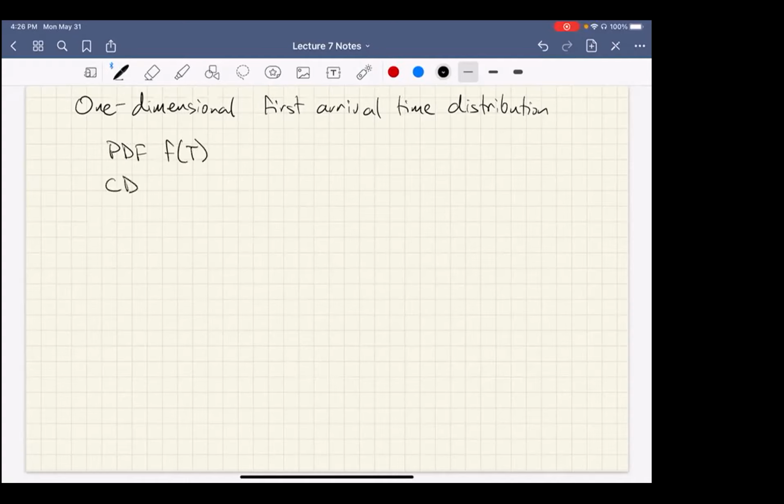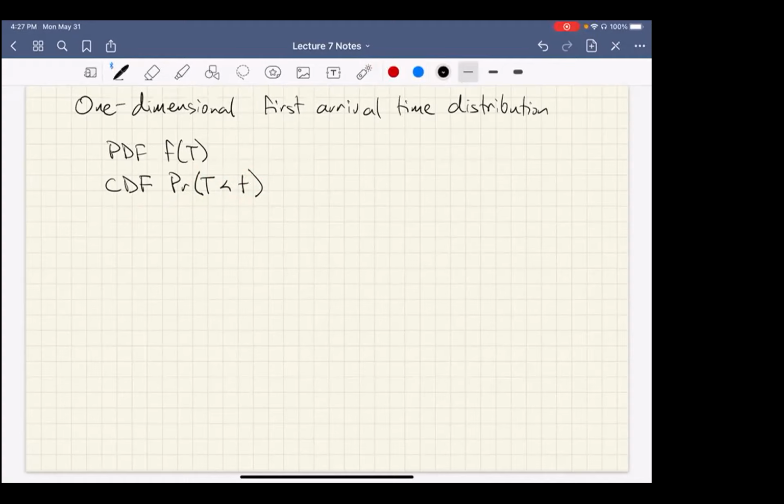The CDF will be the probability that T is less than some little t, some variable here. The notation is that T is my first arrival time as a random variable, and little t is just some arbitrary constant. So if you pick little t, this is just the probability that my first arrival time is less than that arbitrarily chosen little t.